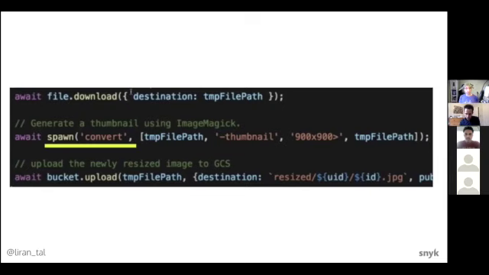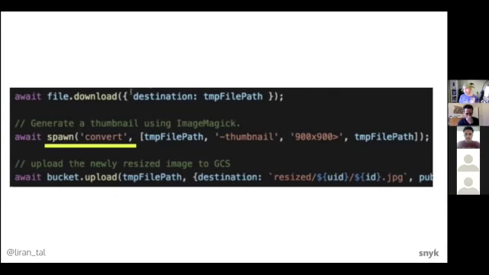For example, if you use the latest Ubuntu or Debian, you probably have it by default, and so do the containers themselves. In this example, they wanted to spawn an operating system command called convert, which is part of this ImageMagick library, to convert an uploaded file.